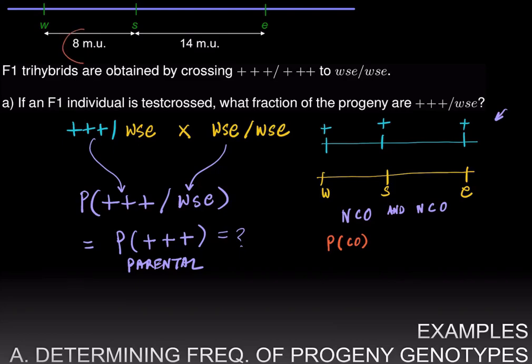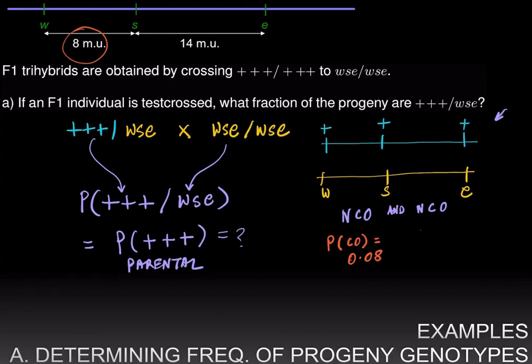W and S are separated by 8 map units, and therefore they produce 8% recombinants, or the probability of crossover is 0.08.